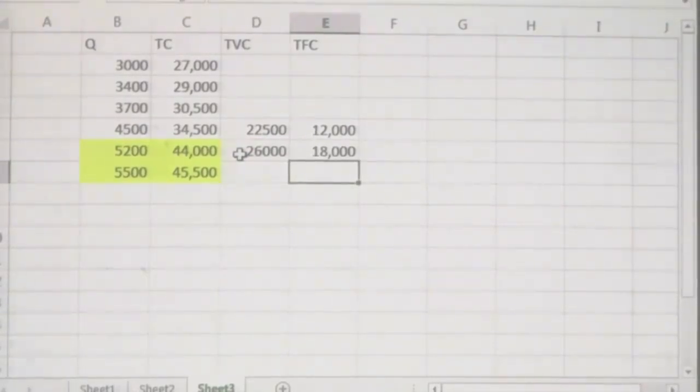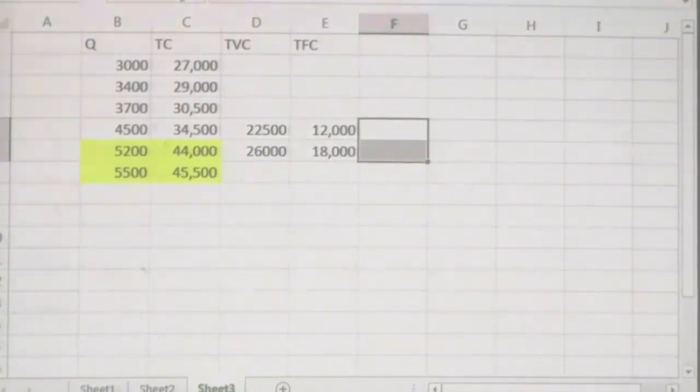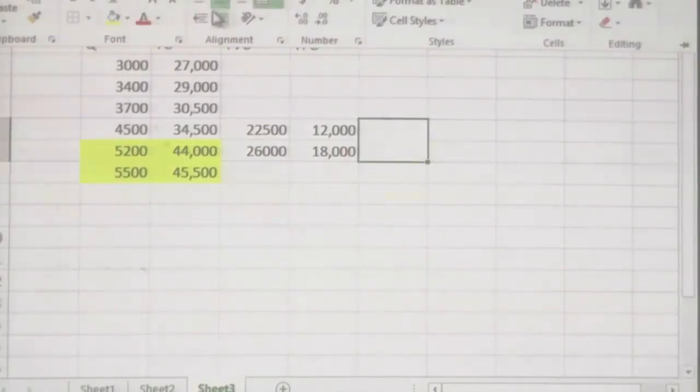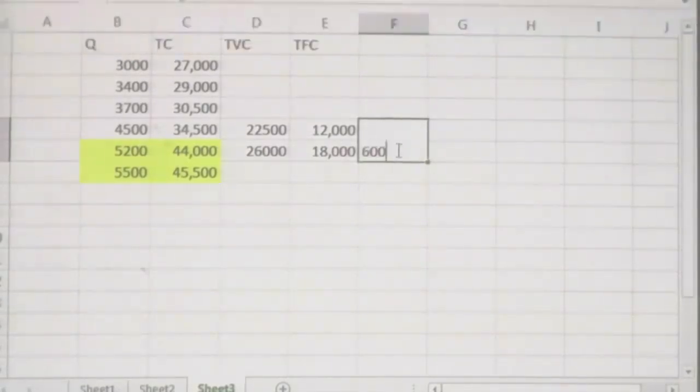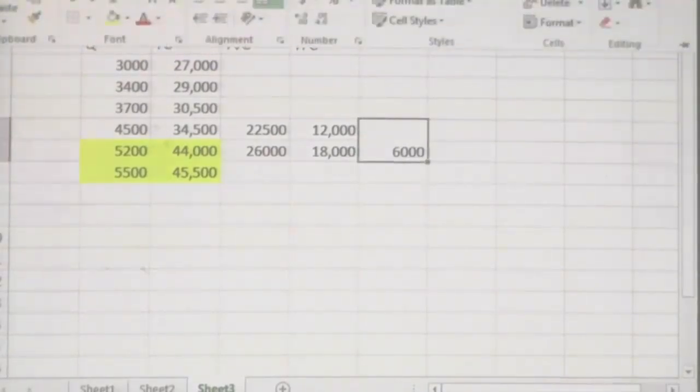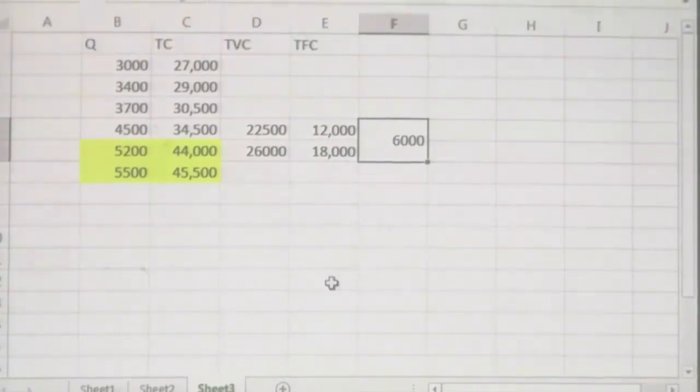Now we know generally the fixed cost need to be constant at each quantity level, but after 4,500 there is a step cost. That's why you can see there is a difference in the two quantity level relating to the fixed cost. That difference is the step cost. That difference shows in between these two. You can see the difference. That difference is 6,000, right? The difference shows 6,000. Therefore, step cost would be 6,000.